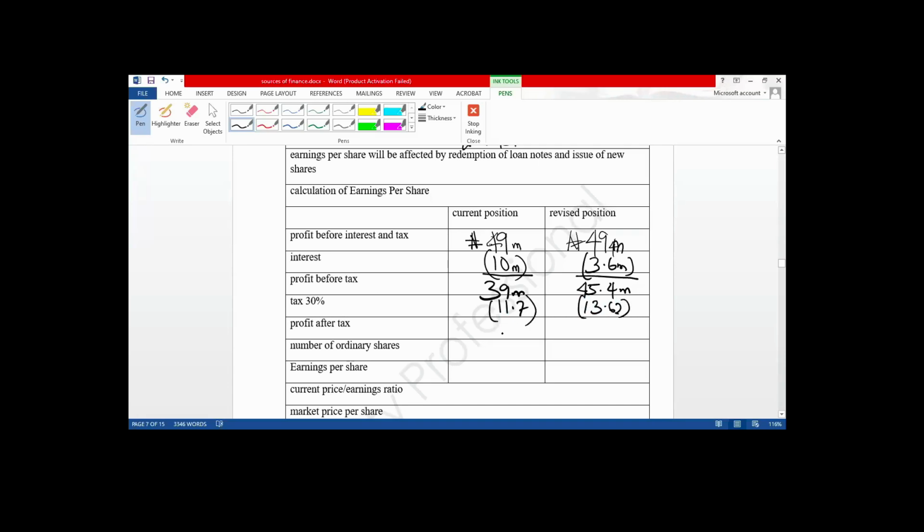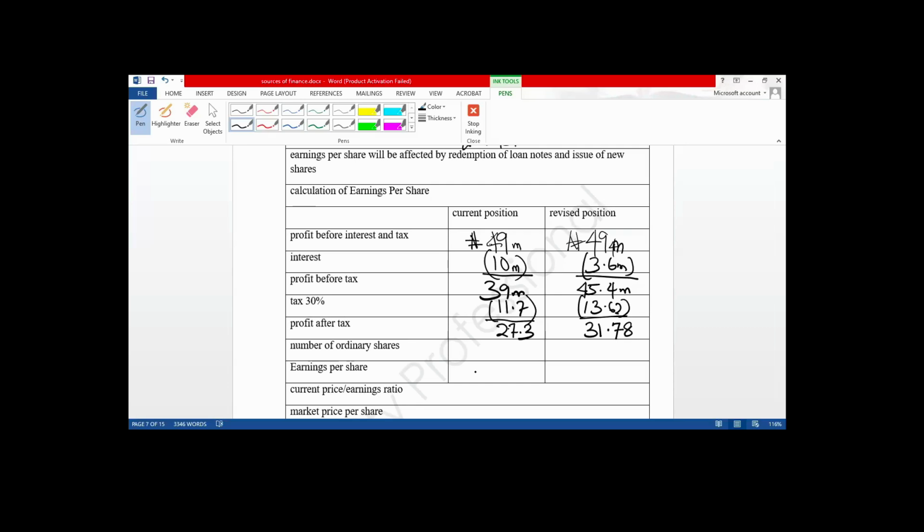Now get your profit after tax. 27.3 for current, and 31.78 for revised. Now, we want to calculate earnings per share.